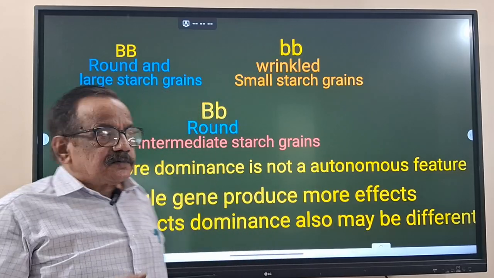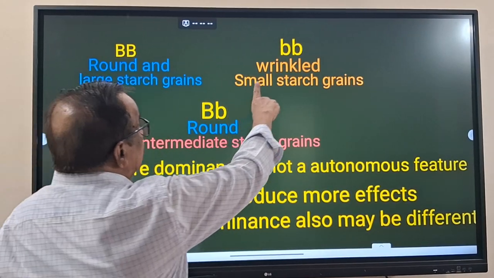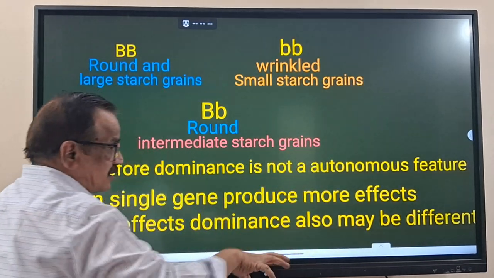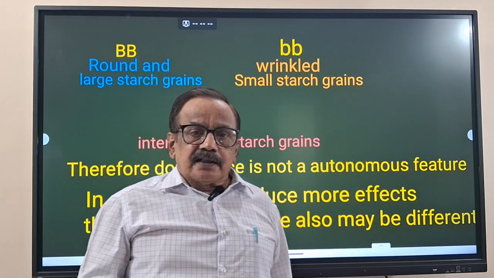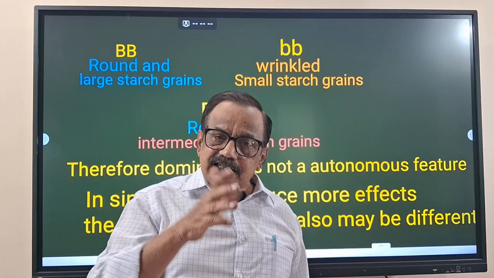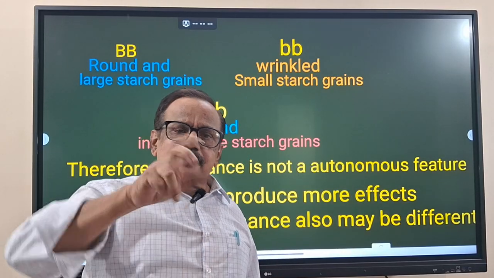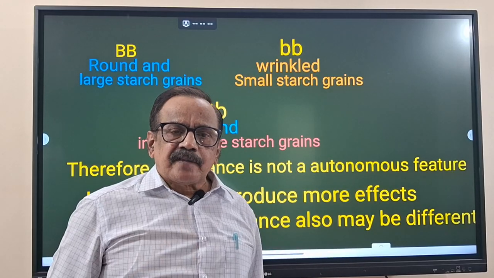The dominant allele has large starch grains and the recessive has small starch grains. But in the F1 generation, the shape of the seed and the starch grain size are determined by a single gene in the pea seed.